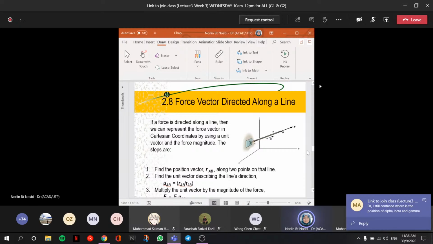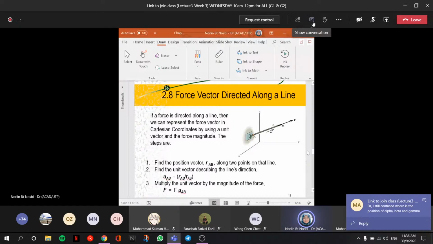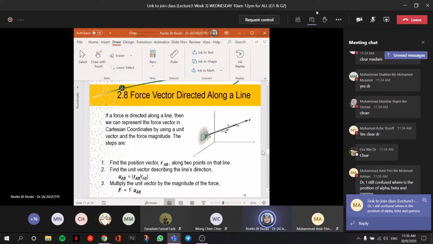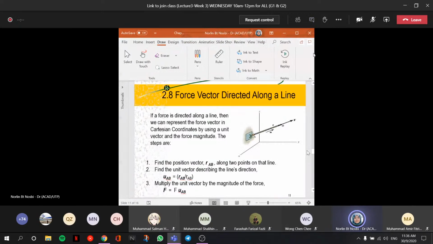Muhammad Amir, I am still confused where is the position of alpha, beta, and gamma. Okay, I've shown you before. Have you referred to the notes that I uploaded in Ulearn, Muhammad Amir? If you look at it, there's an alpha, beta, and gamma sign.